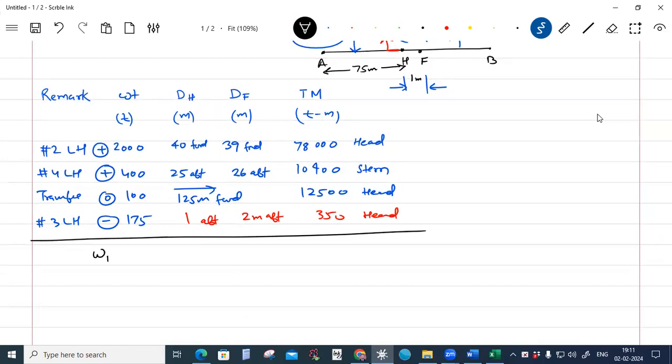The final weight will be 2225. I will write plus so that you know that this is a loading part. Okay, what about this? Let's talk about this head trimming moment. How much is head? 7800 plus 350.